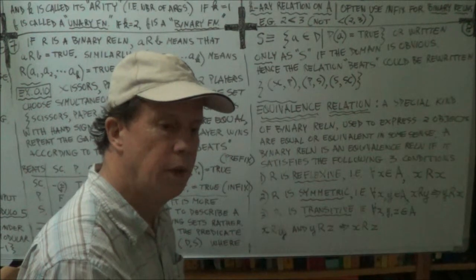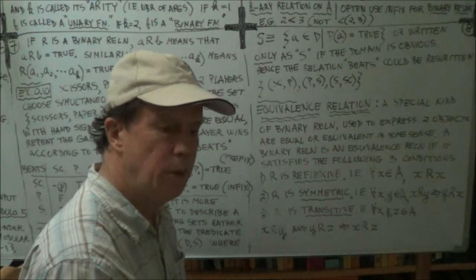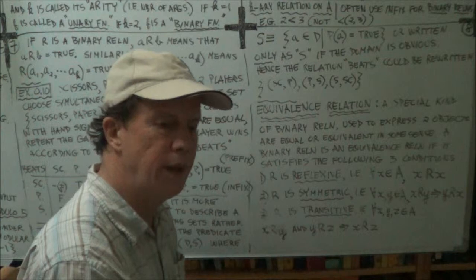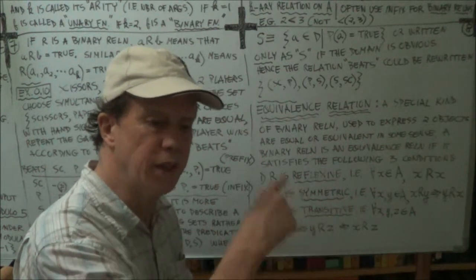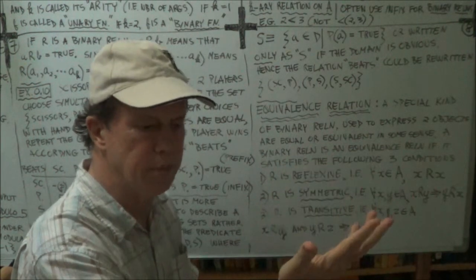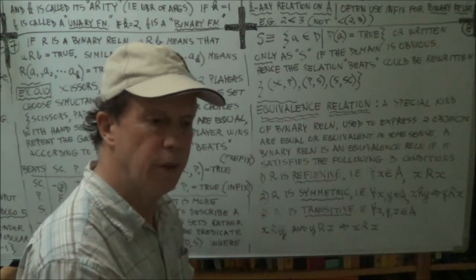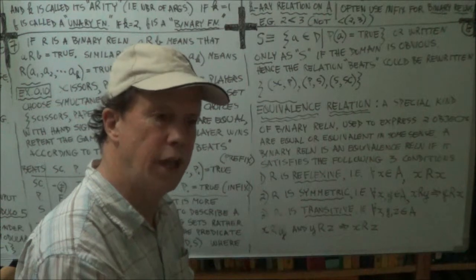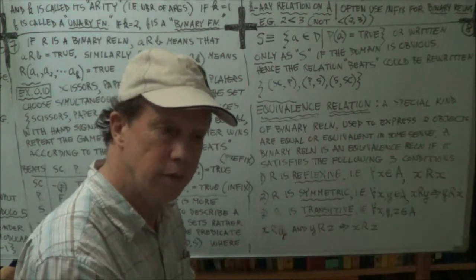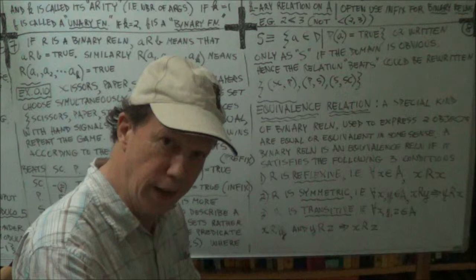Can something be bigger than itself? Say the something is just x. We'll just call it x, some object x. Can x be bigger than itself? So can x R x, where the relation in this case is bigger than?